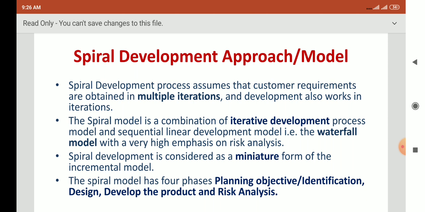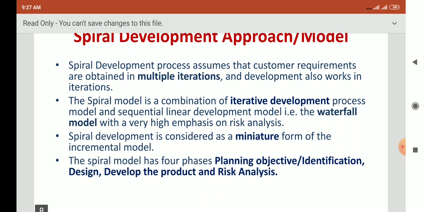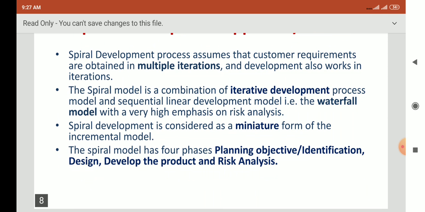So the spiral development model is a combination of both the iterative development model and the waterfall development model. The advantage here is that it considers risk analysis. The spiral development is considered a miniature form of the incremental model.